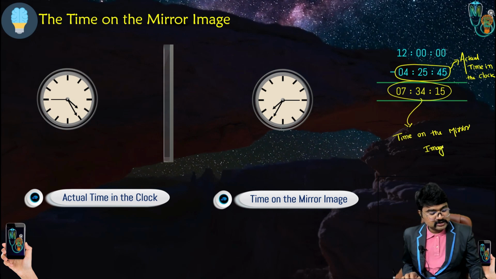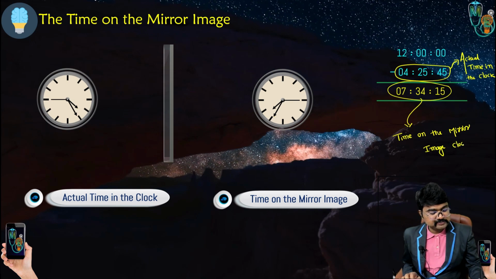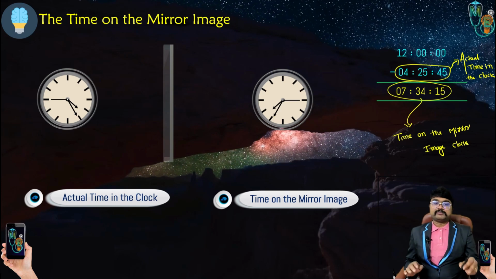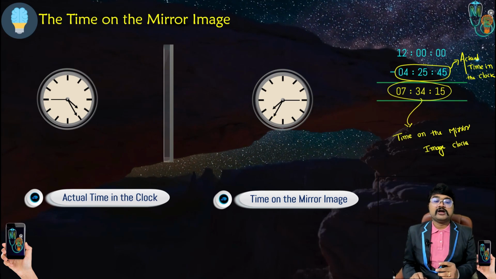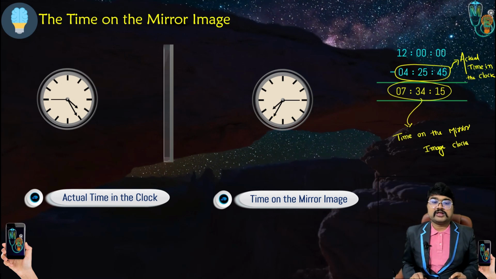From 12 hours, we need to subtract it. Finally, we'll be getting the time on the mirror image.